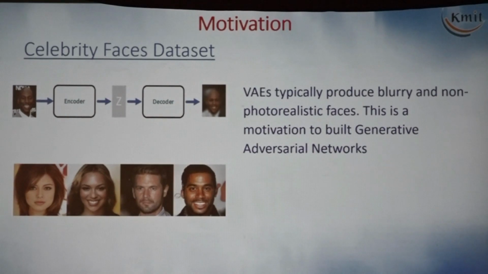And if you want to get these types of images with autoencoders, you may not get them. So what do we have to do? The discriminative model can exactly classify whether it is good or bad. It has that power.